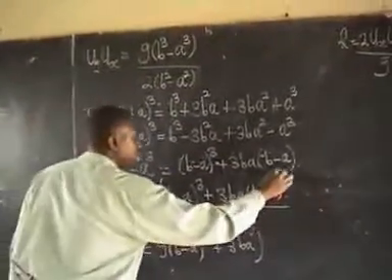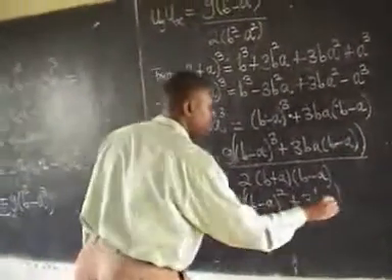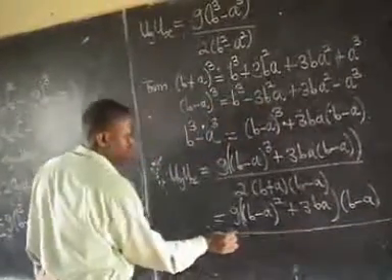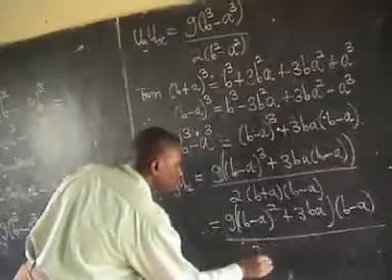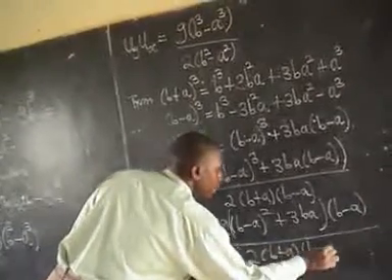So b minus a bracket b minus a squared plus 3ba over 2 into b plus a b minus a.